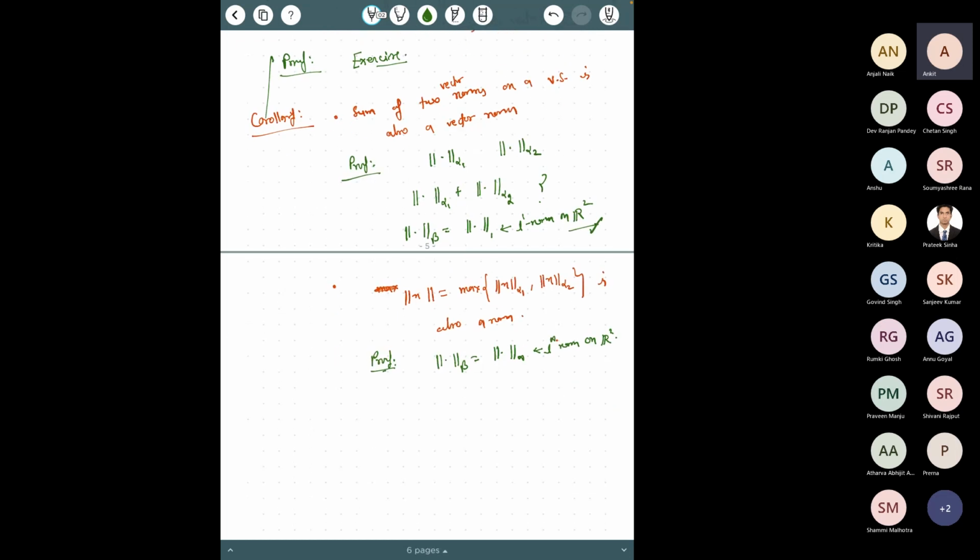Then the question is, what about the minimum, or what about the difference? Is it also a norm? So the question now is, what about the minimum of, let's say, two norms?